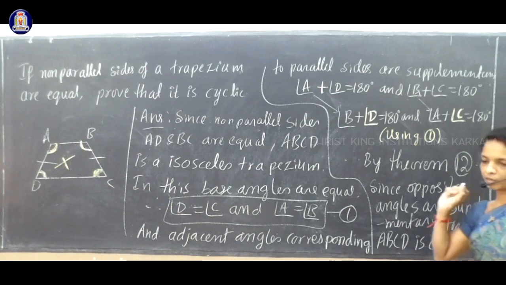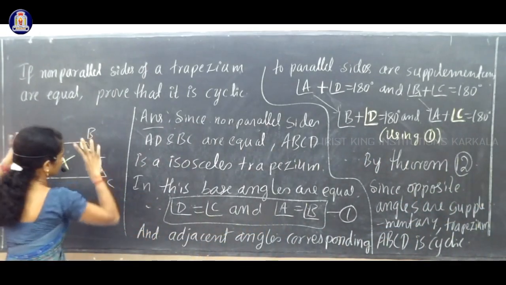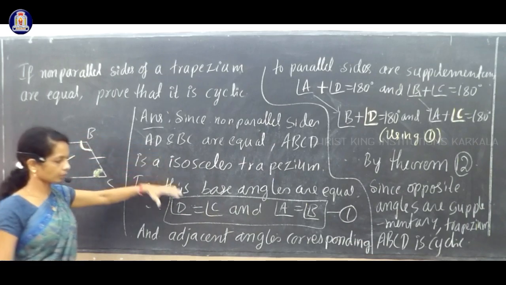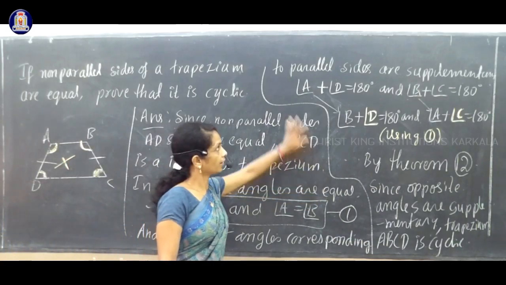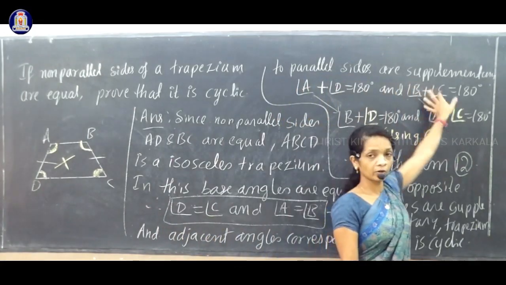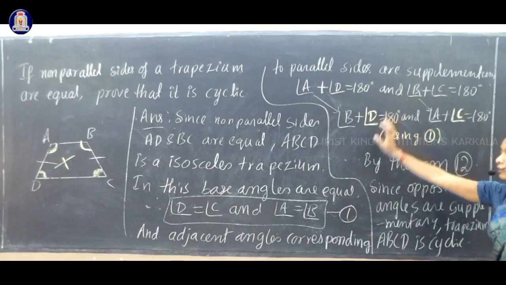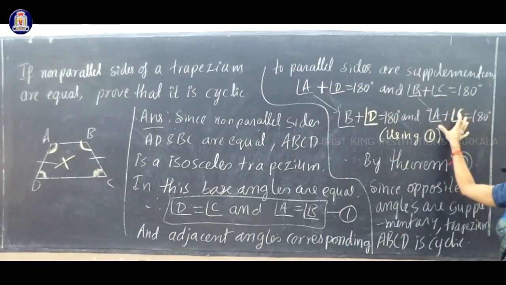So the main thing you have to observe is that if the non-parallel sides are equal, then that trapezium is called an isosceles trapezium. Only in an isosceles trapezium we have like this, that is, base angles are equal and adjacent angles corresponding to parallel sides are supplementary. Okay, by that and by using this together, you will get both the pairs of opposite angles are supplementary here.